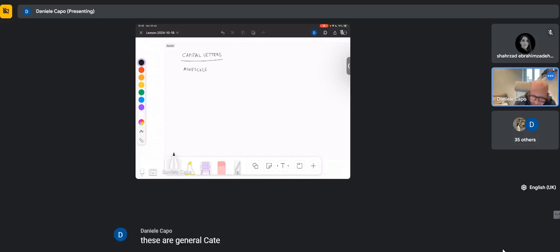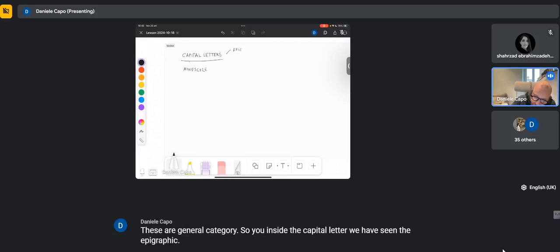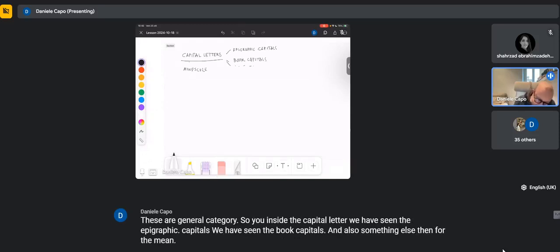These are general categories. So inside capital letters, we have seen the epigraphic capitals. We have seen the book capitals, and also something else. Then for the minuscule, we have the early minuscule that we saw.